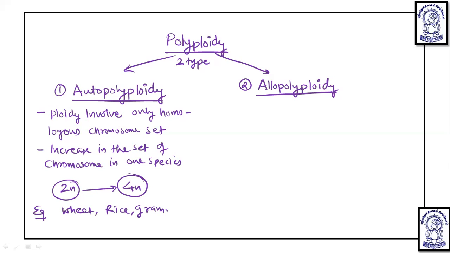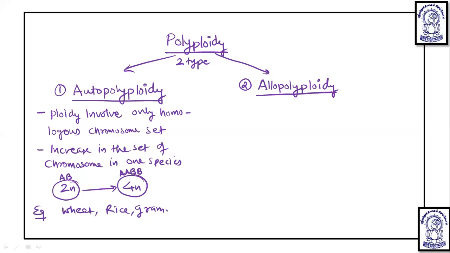Suppose the individual has an A set and B set. A set having 23 chromosomes, B set having 23 chromosomes, and they are in a pair. Now, if this A set and B set both are getting duplicated, then it is going to be AABB. Then this condition is known as auto, particularly we can say.